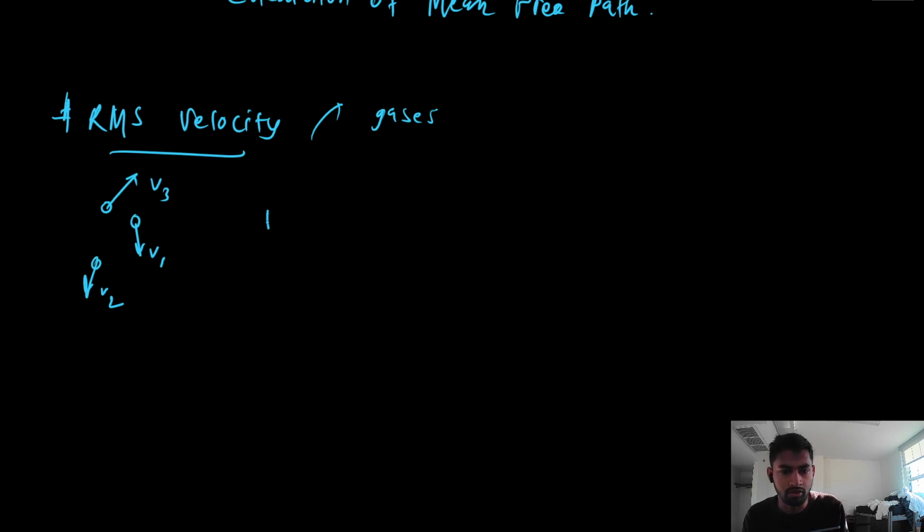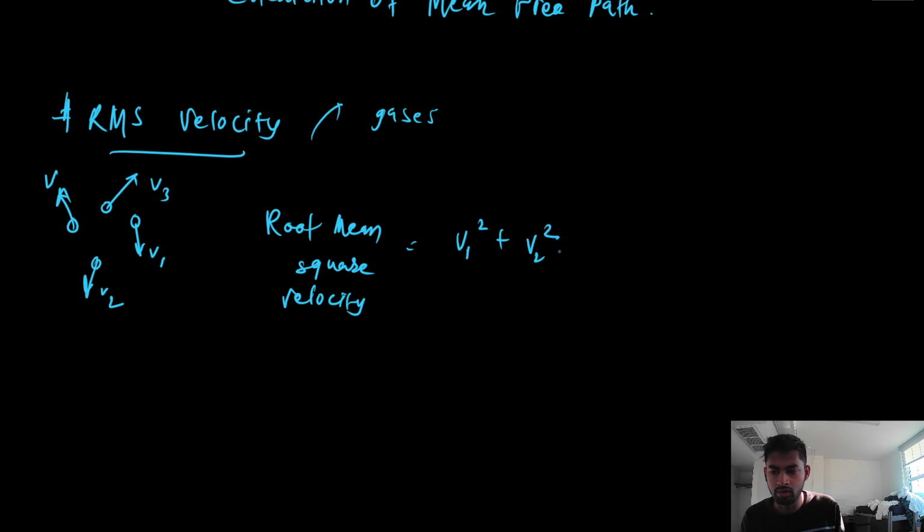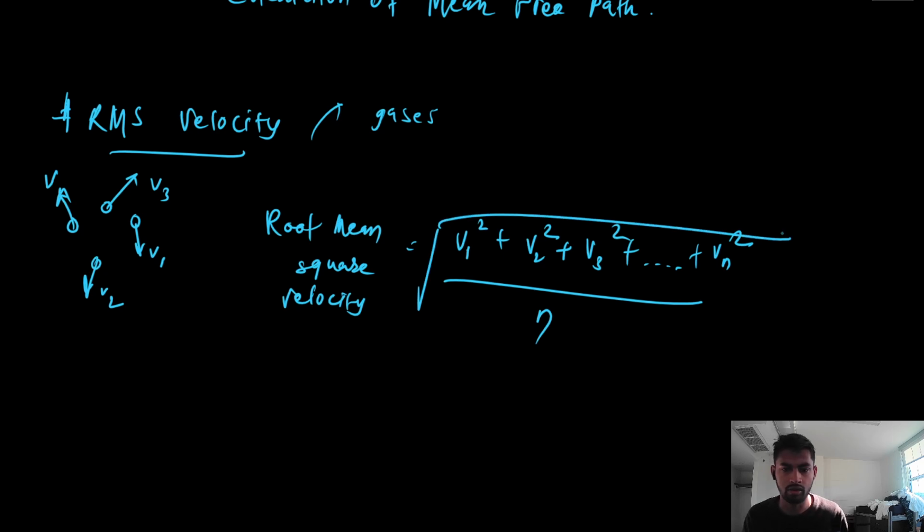Then root mean square velocity would be v1 squared plus v2 squared plus v3 squared plus dash dash dash vn squared, by n, and root over everything. This is root mean square velocity for any gases.